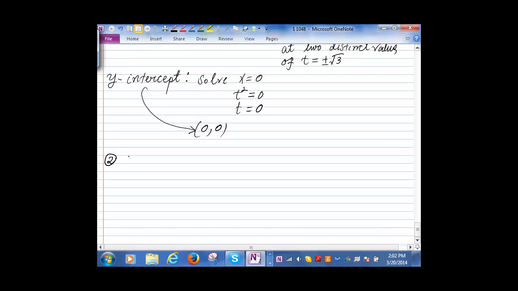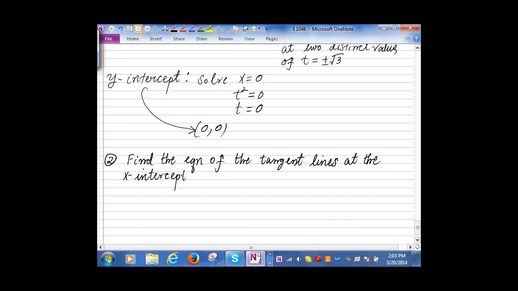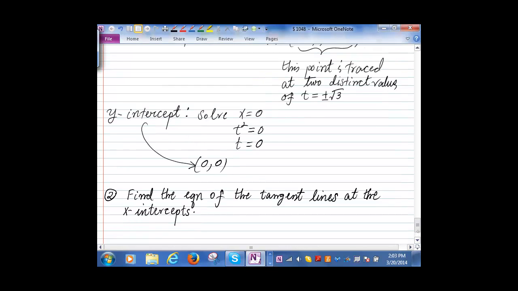Let's say I want to find the equation of the tangent lines at the x-intercepts. How can I find that?